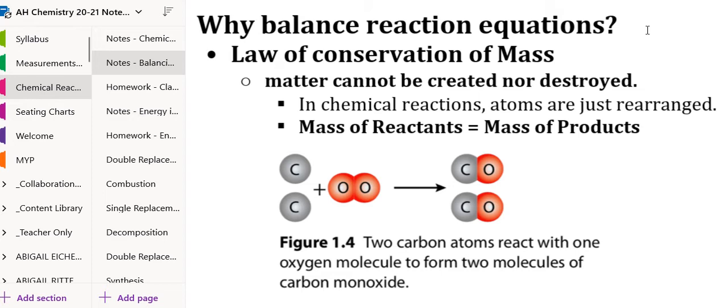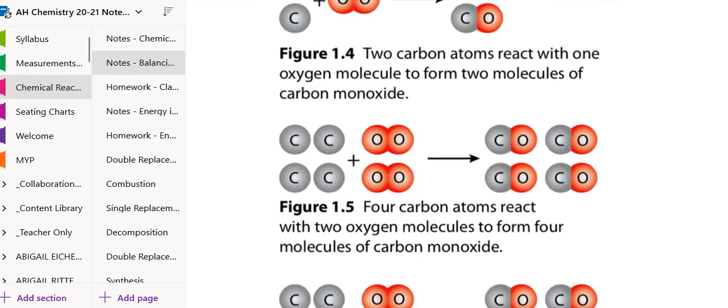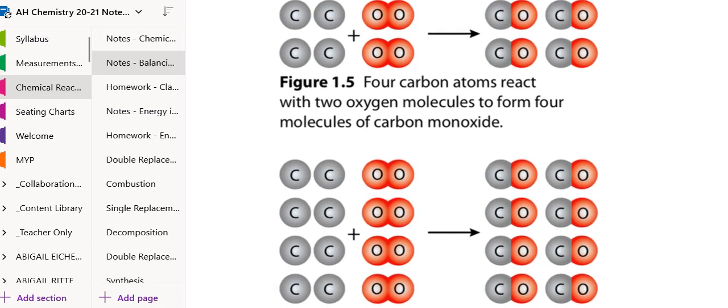Carbon monoxide. 2 carbon monoxide molecules. If you didn't know that was carbon monoxide, that's okay. Carbon monoxide is just 1 carbon bonded to 1 oxygen. So we would say that this reaction is balanced. Okay?